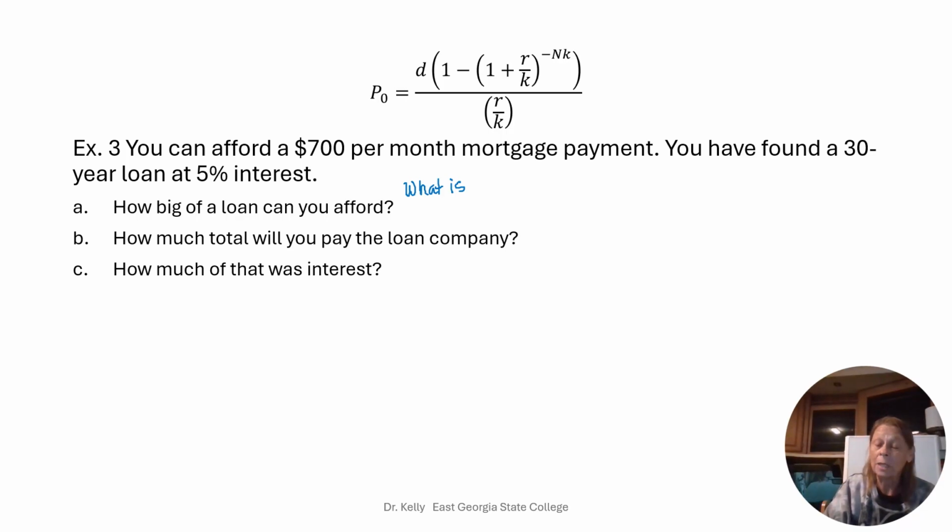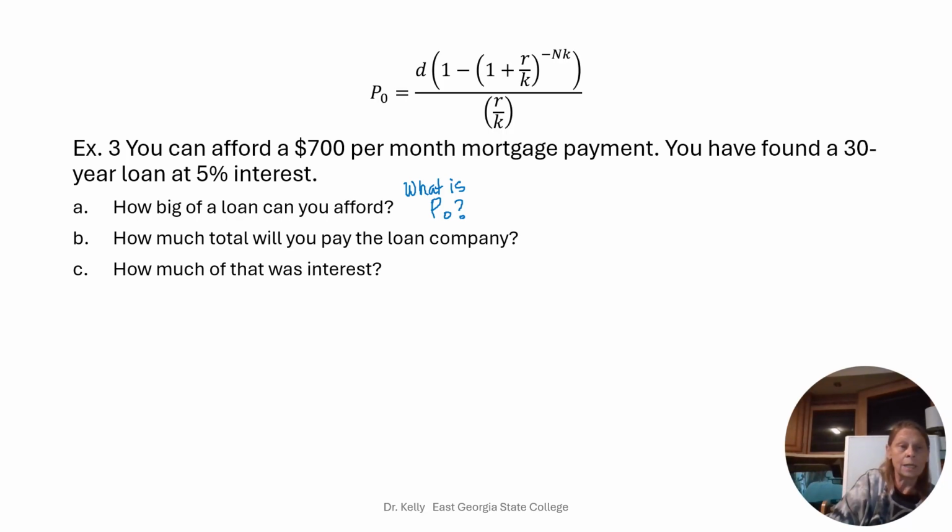D is what the payment is, R is what the rate is, K is how often I pay, and N is for how many years I pay. Then I'm looking for P naught here. So let's work with that one first.